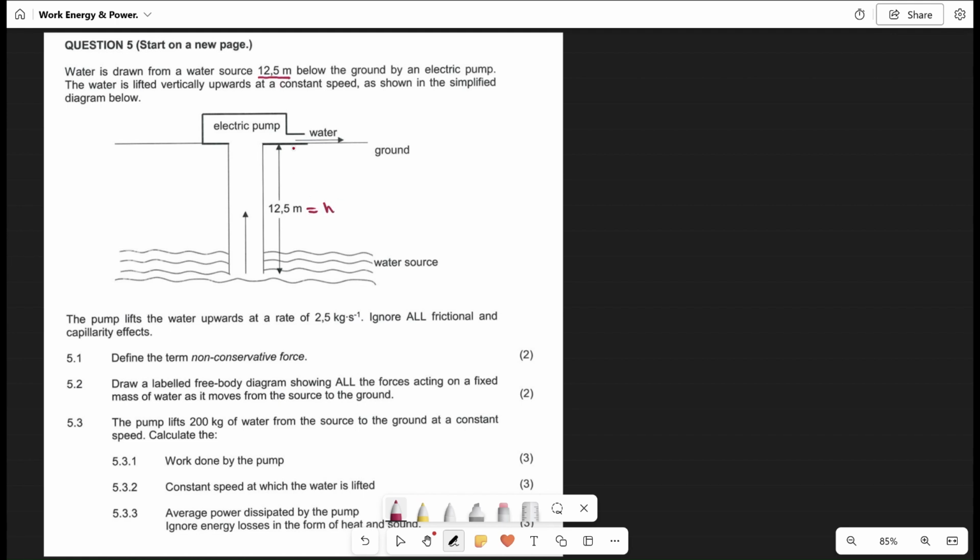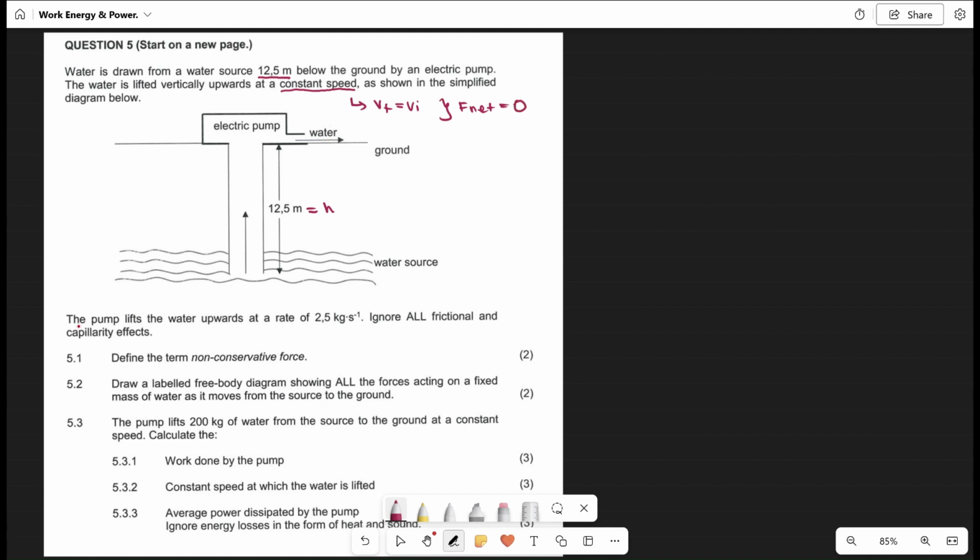This is our height below the ground. And we're also given that this water moves at a constant velocity, right? What does this mean? It means that our V final is equal to our V initial, right? Which also means that our F net, the net force acting on that amount of water as it goes up, is equal to 0, right?